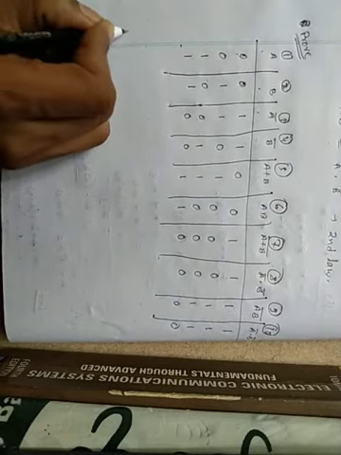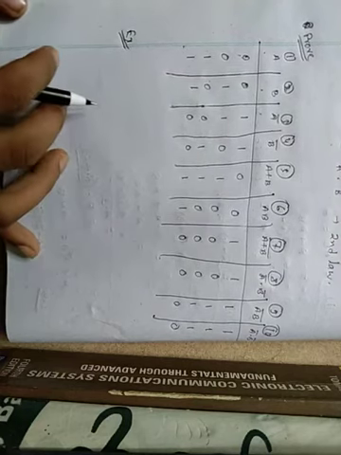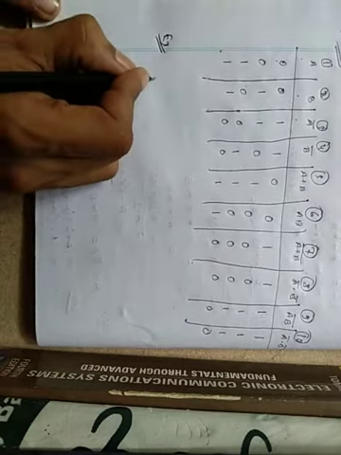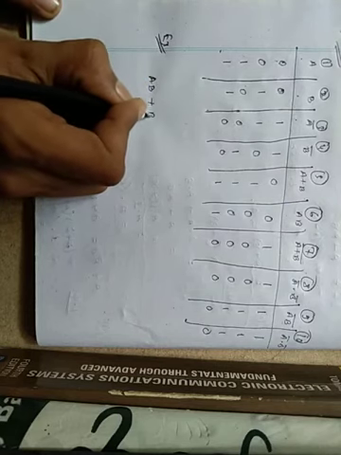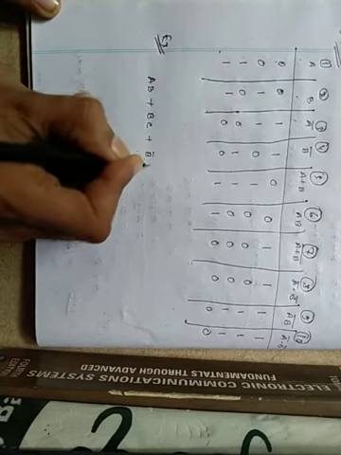Okay, so as the last example, at last we prove a solution. So there is AB + BC + B'C.